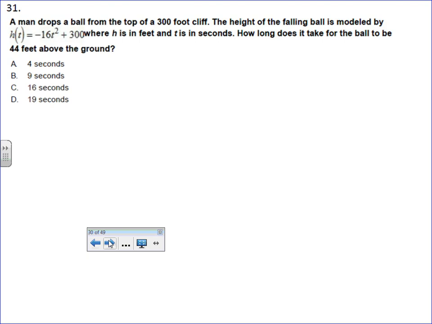Okay, well remember, it says h represents height in feet, right? And you want it to be 44 feet above the ground, so you need to plug that in. So I've got 44 equals negative 16x squared plus 300. I'm trying to get x by itself, so I'm going to subtract 300 from both sides.